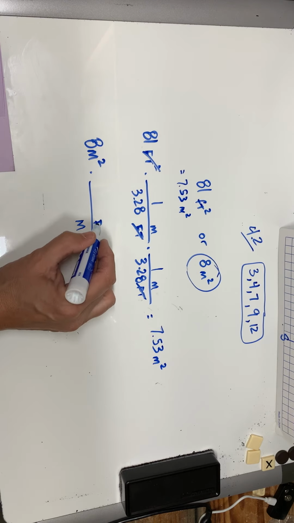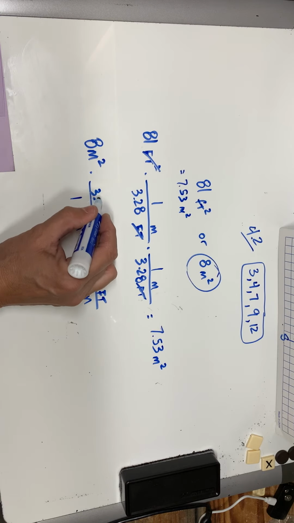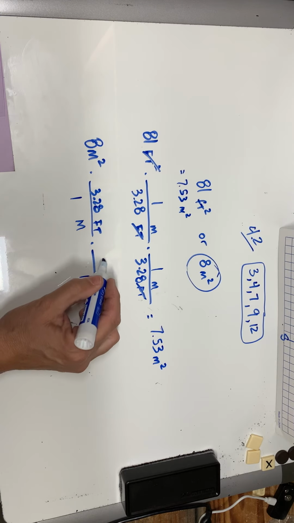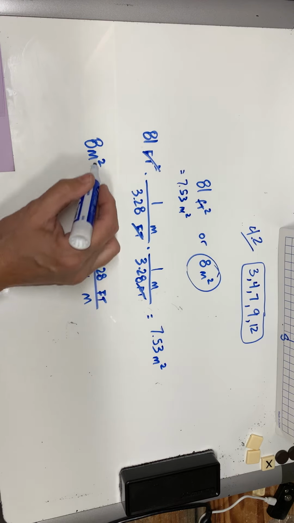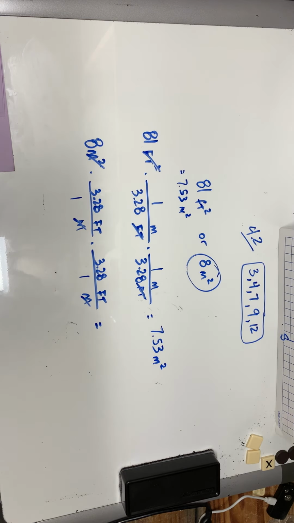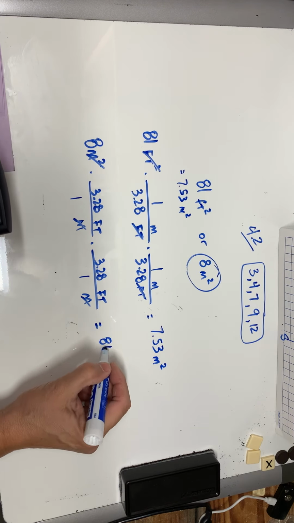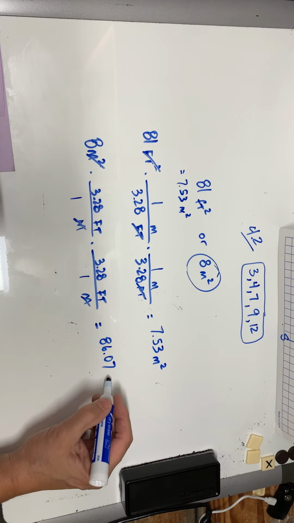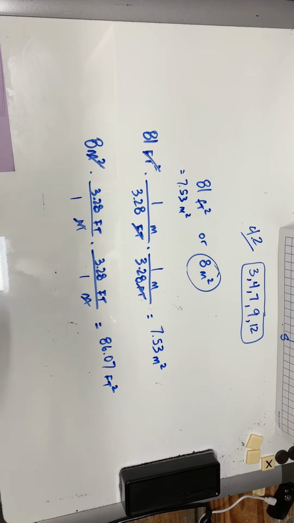Convert to feet. 1 meter is 3.28 feet, and 2 meters cancels with 2 meters. So 8 times 3.28 times 3.28 would be 86.07 feet squared. And that's the way that you have to answer that question.